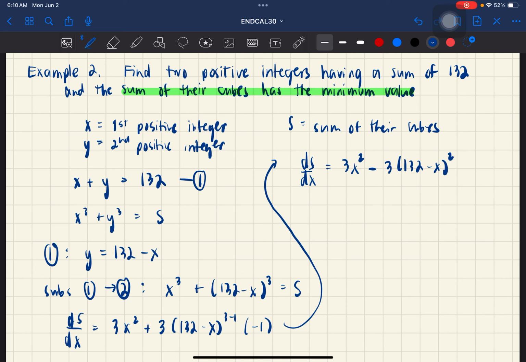Expanding, so we can have a better view of the equation. 3x squared minus 3, then 132 squared is 17,424. Then you multiply 132 times negative x times 2, so you have negative 264x, and then you have x squared.